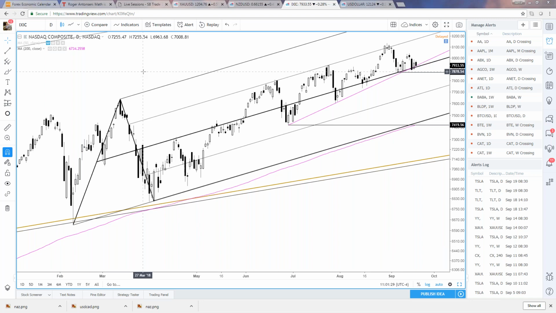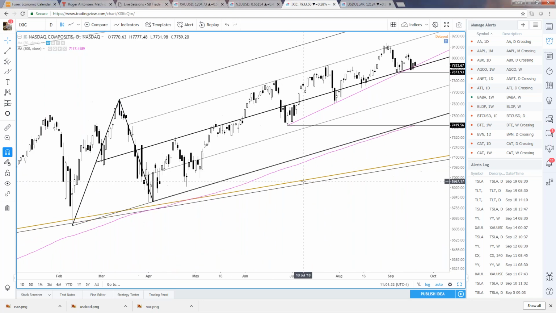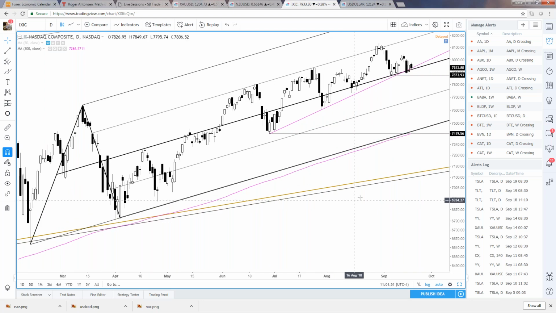We're going to start. This is actually the NASDAQ. I want to start with this, just because I think it's super important. So we all know where the U.S. dollar is. It's chopping around, right? Not doing a whole lot here. So we're going to start with the NASDAQ. We usually start with that dollar chart, but we'll start here.